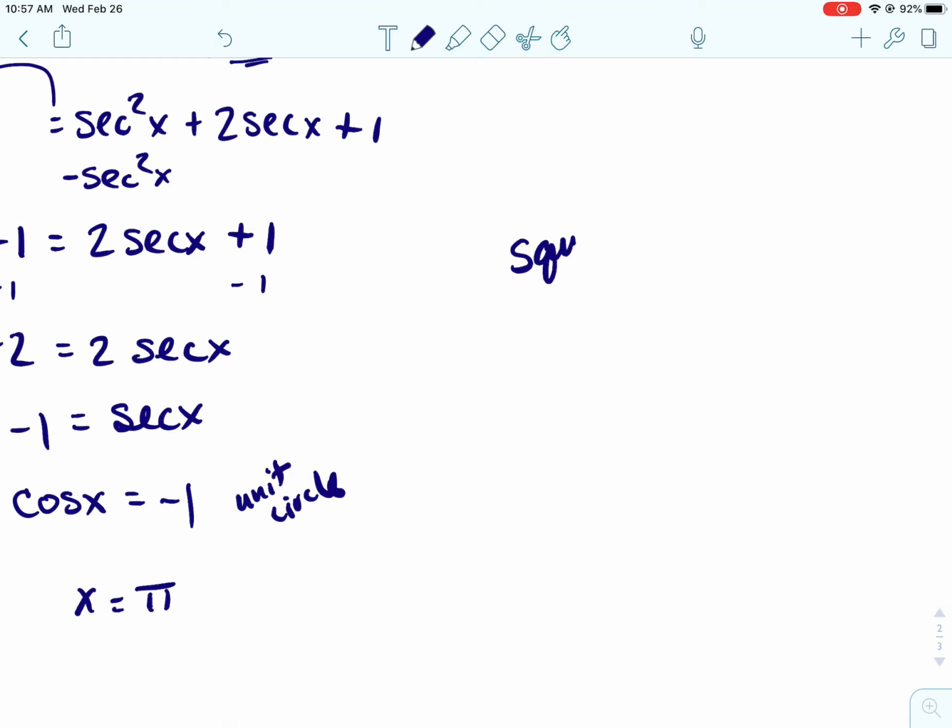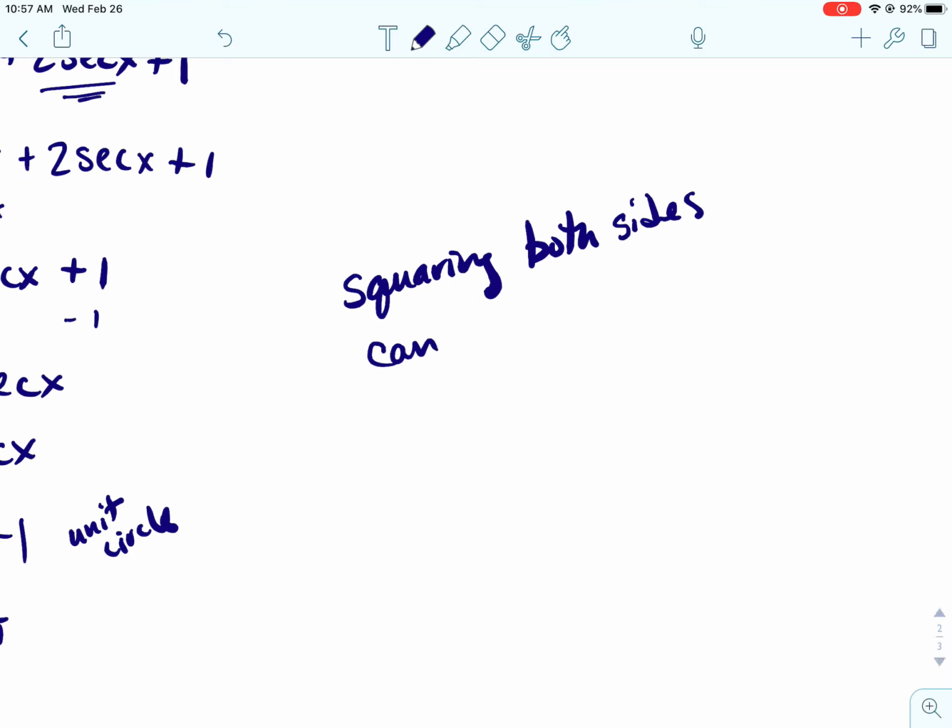So squaring both sides can create extraneous solutions. So we just need to check our answer.